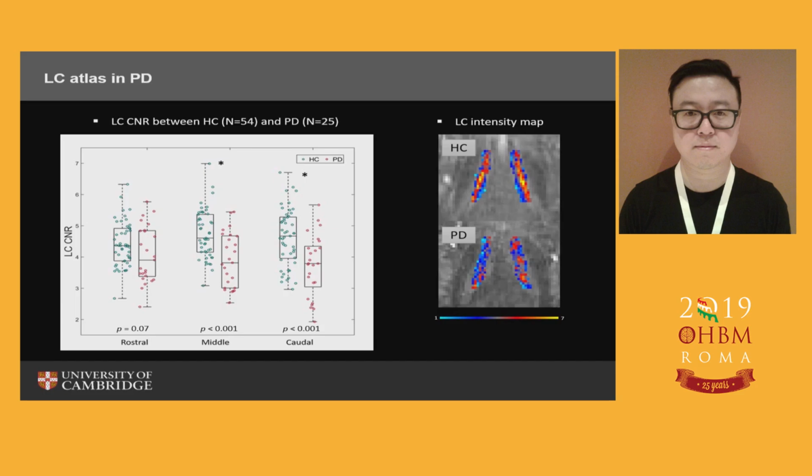This method might be useful as we can use a more detailed methodology like voxel-wise analysis or multivariate pattern analysis, which could be more sensitive for the topographic signal difference within the LC.